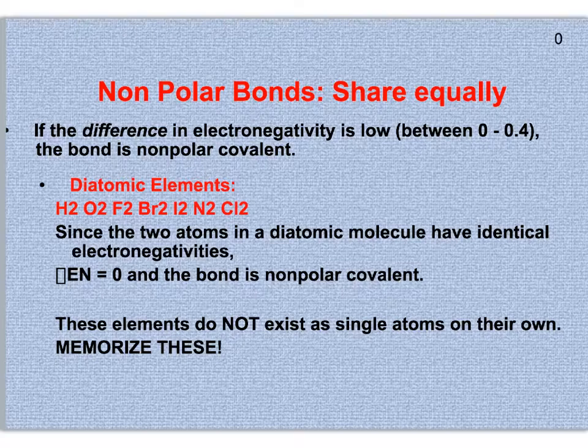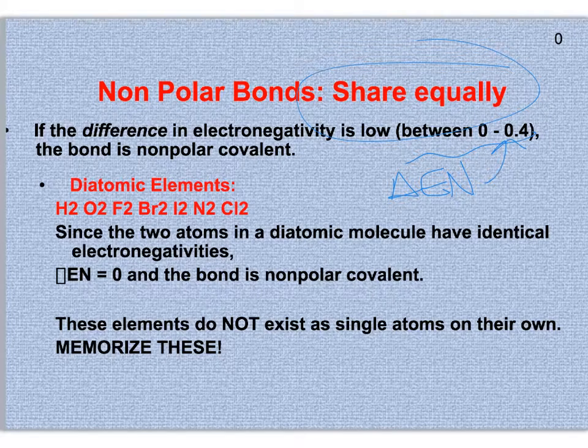All right, so let's talk about examples of the different types of bonds. Nonpolar covalent bonds. They share equally, and remember the range. That means the difference in electronegativity in order to be a nonpolar covalent has to be very small. So the two atoms bonding have to have very similar electronegativities.